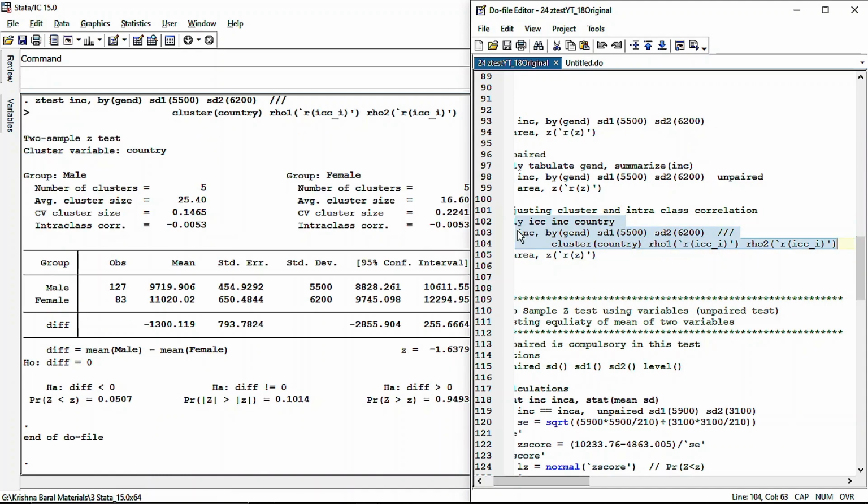First of all, let us run the test, and our z score is minus 1.63. The p-values for the left tail, two-tailed, and right tail test are 5, 10, and 94.